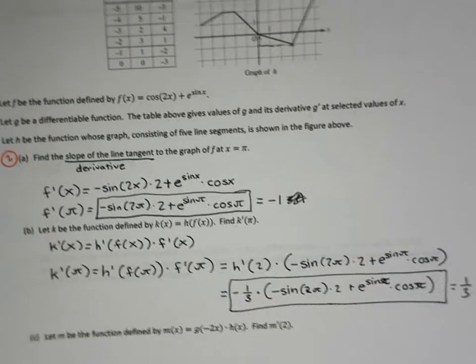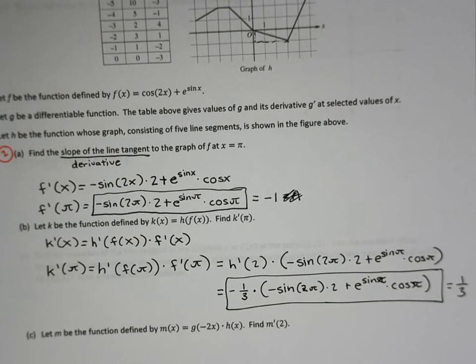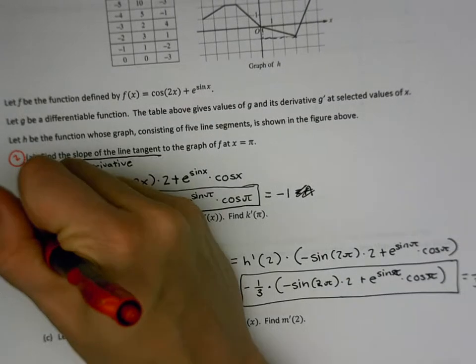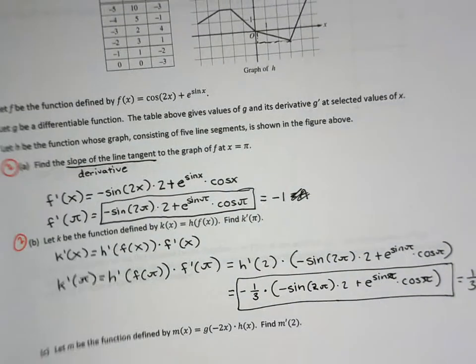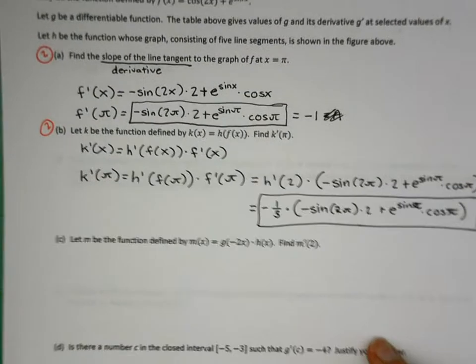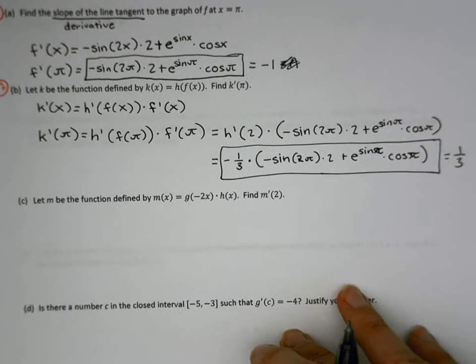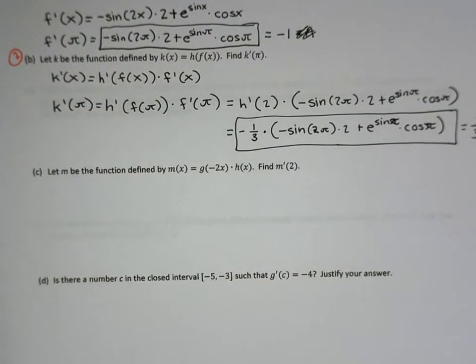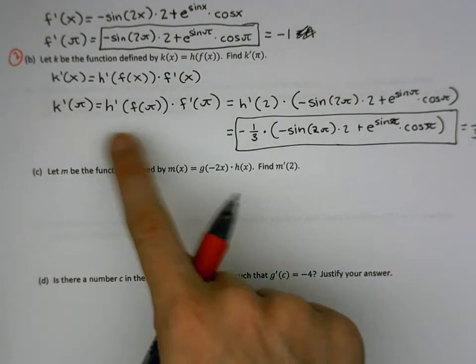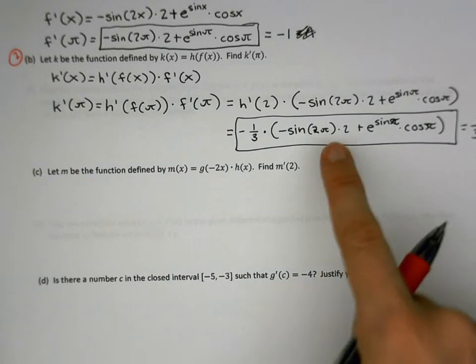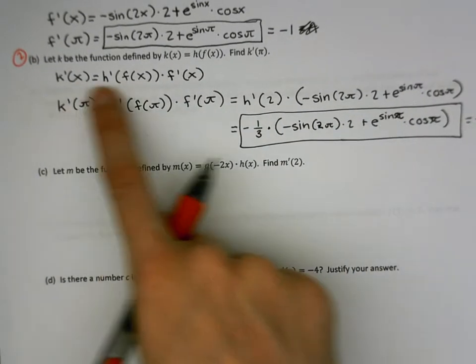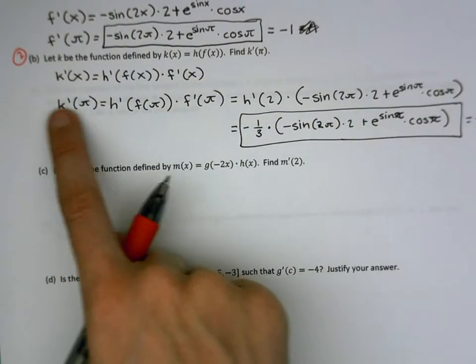This one was also worth 2 points for finding that derivative. Oh, sorry, the 2 points up here: 1 for finding the derivative, the chain rule bit, and 1 for accurately plugging in pi and solving for it.